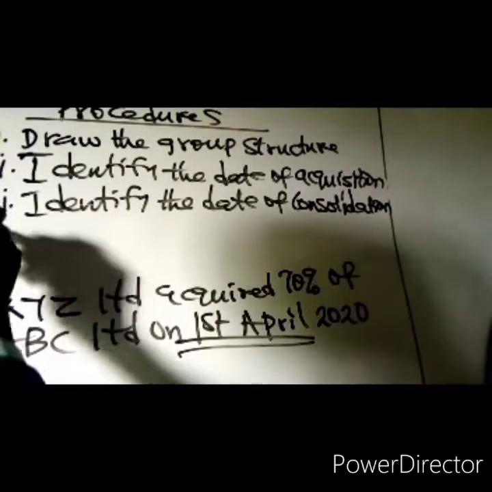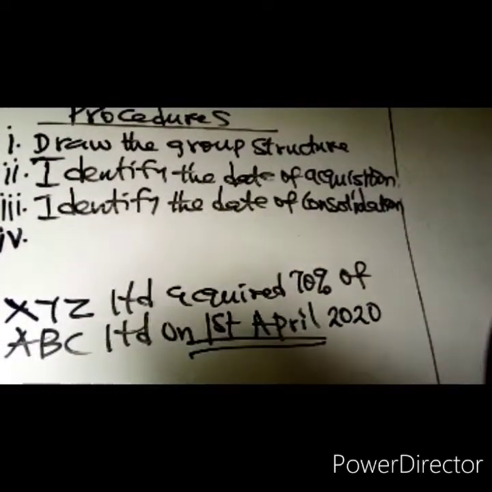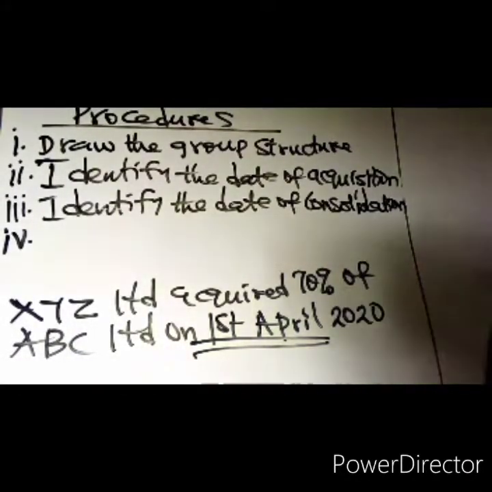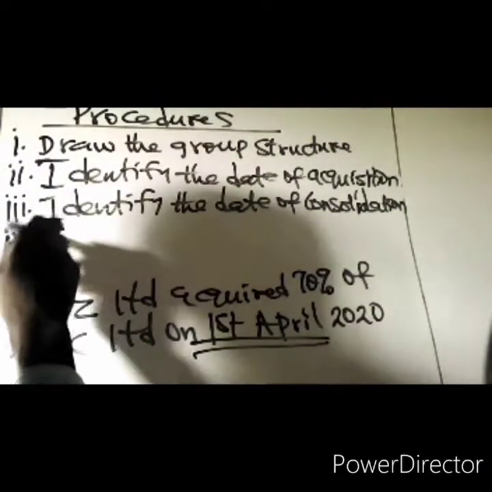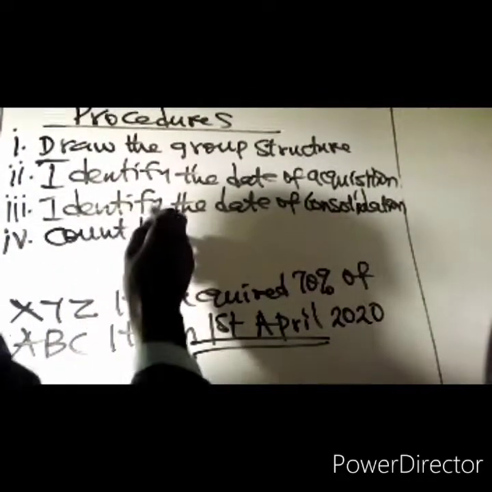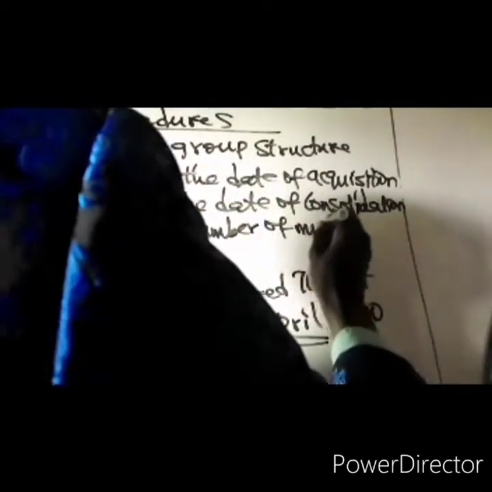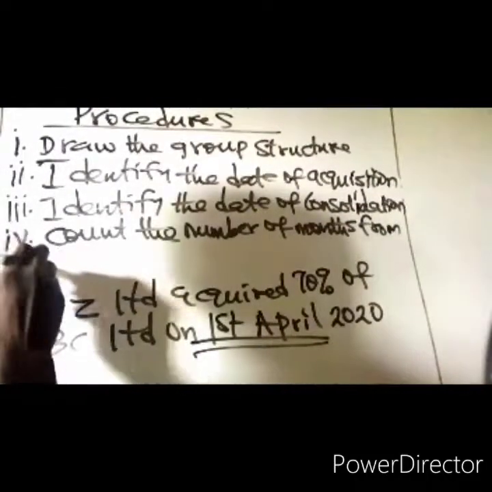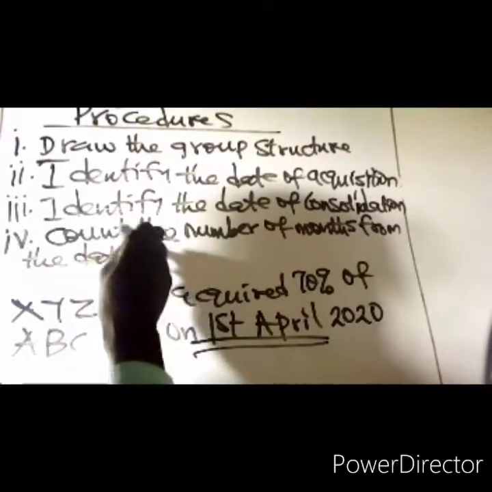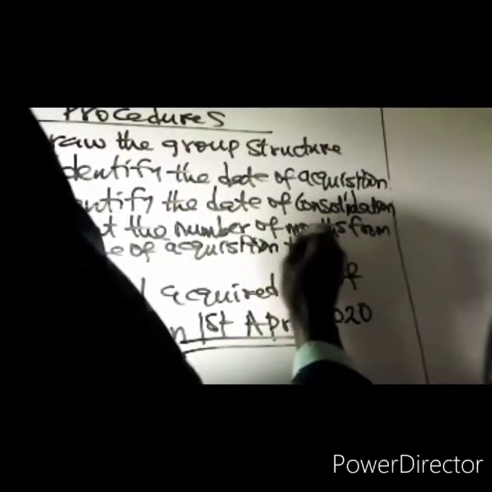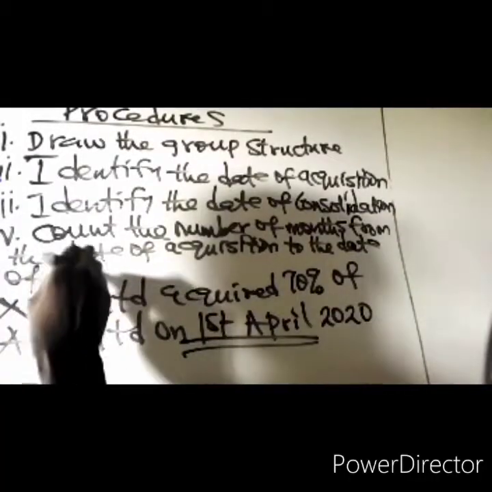Then step four. Count the number of months from the date of acquisition to the date of consolidation.